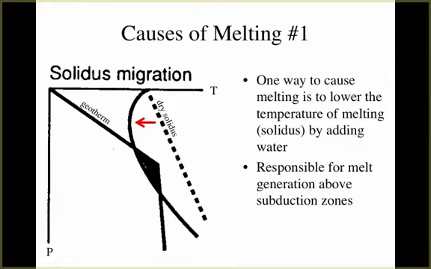The effect of adding water to mantle peridotite is to change the dry solidus from this position to a lower temperature hydrated mantle peridotite. It lowers the melting temperature of the mantle peridotite, and that intersects the geotherm and creates melting.